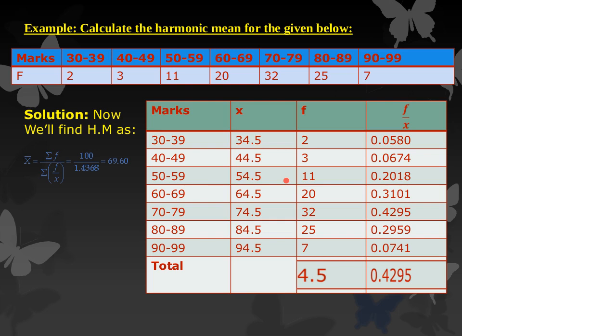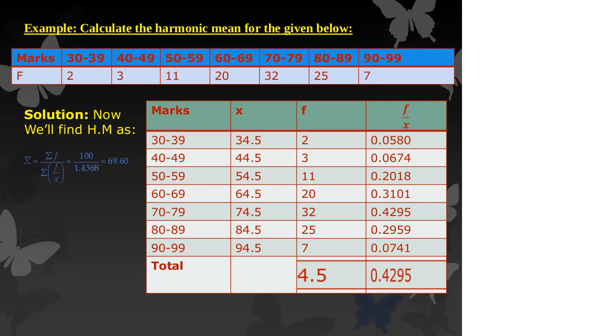What we do now, we come up with the cumulative frequency. We add another column to the right-hand side, we call it CF, or cumulative frequency. In other books, you're going to find it as CF.